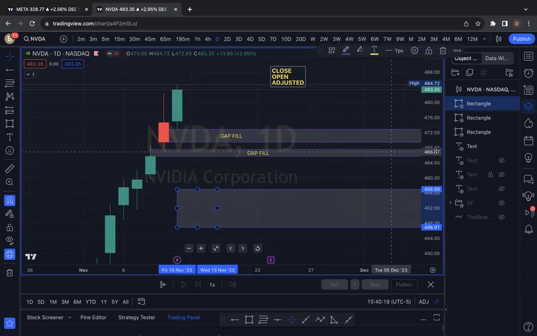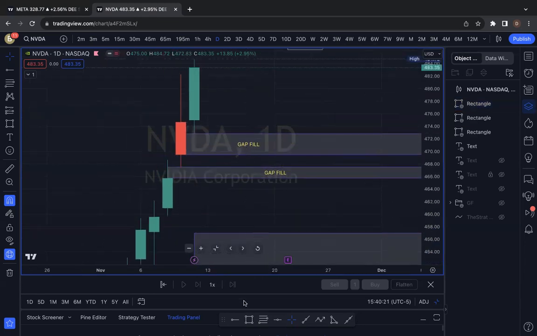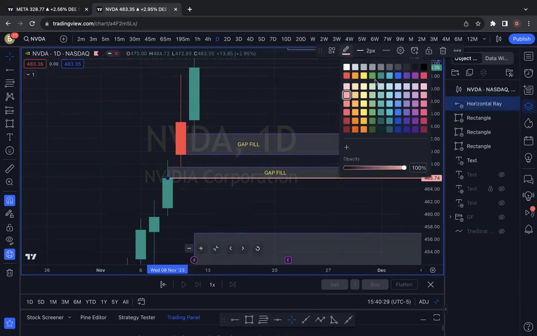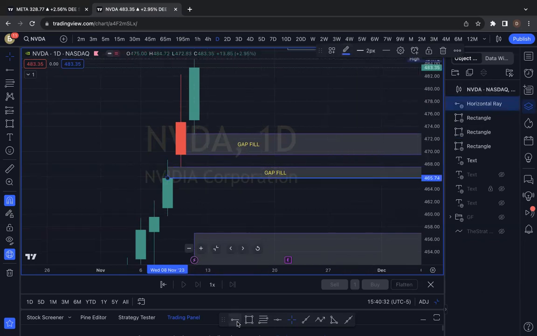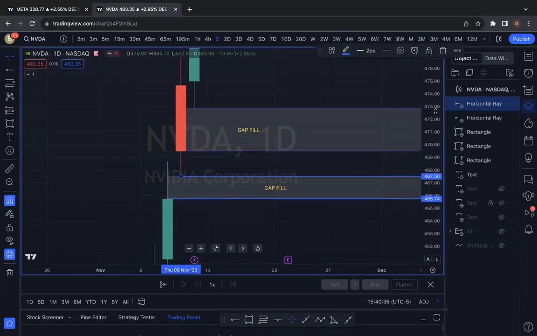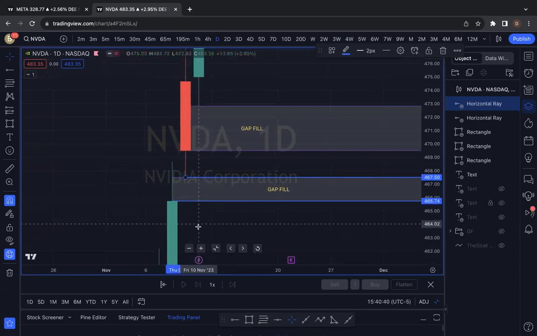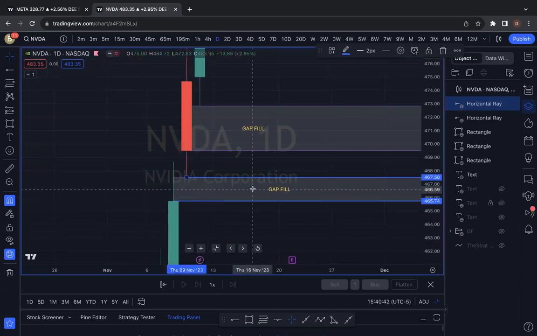Okay. Now, there are some people who are very good at gaps in our group. I see they'll draw a rectangle and then they'll also draw a horizontal ray like this to highlight the gap. There's nothing wrong with that. A lot of times the reason they do that is because they want to see it better, or they want the values of the gap to be on the price scales on the right.